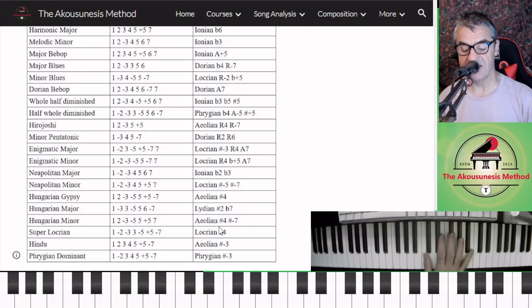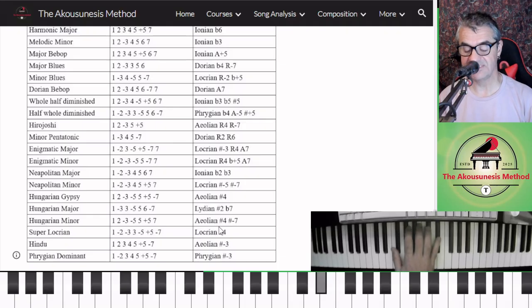Now, I could pick any Aeolian. Say, let's do G flat, right? There's G flat. And where's the Aeolian? There's a 5, there's a 6, right? So if I'm going to play from E flat and I'm just looking at the notes of G flat, playing from E flat to E flat, that's the Aeolian, right?